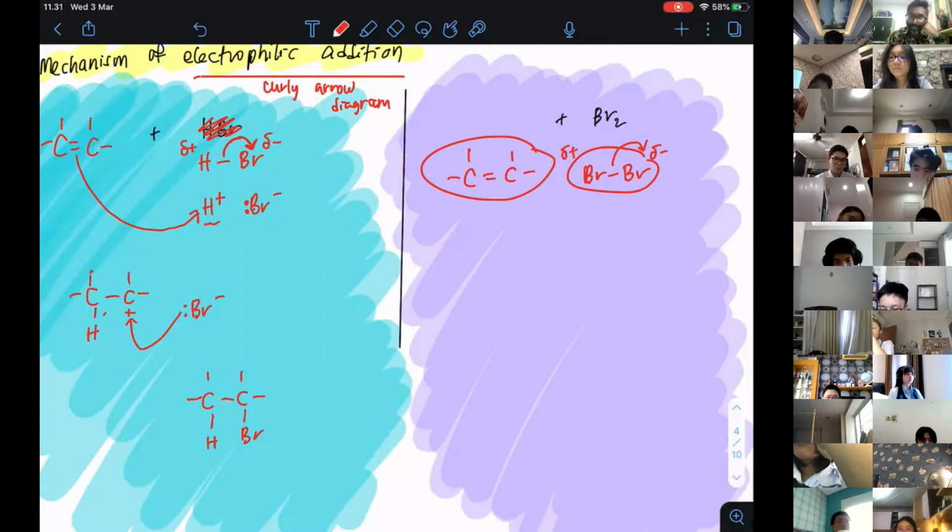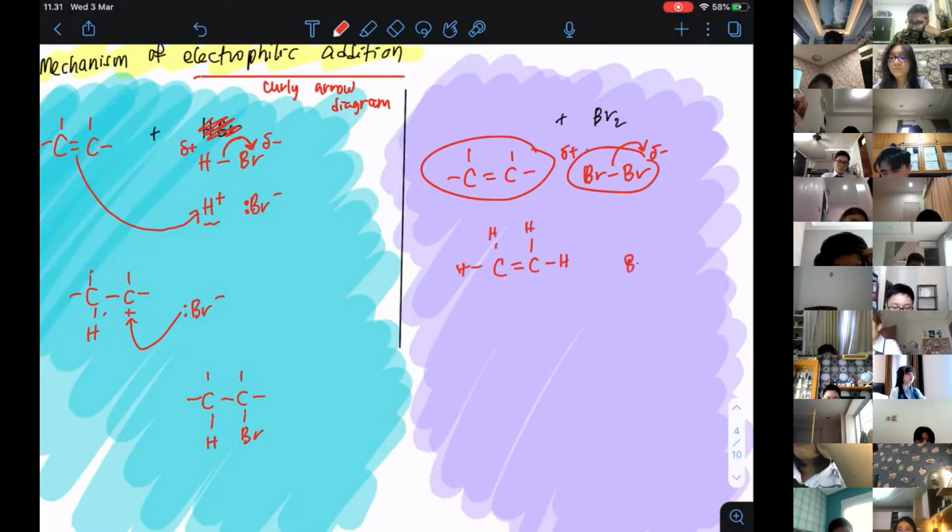But the bond doesn't break first; here it's only partial. What happens next is that the partial positive end is attracted towards the double bond.